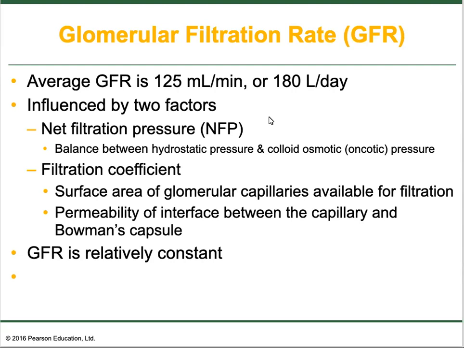That's an incredible amount. If it weren't for the fact that most of that filtered volume ends up being reabsorbed, we would become dehydrated and die of dehydration within half an hour.